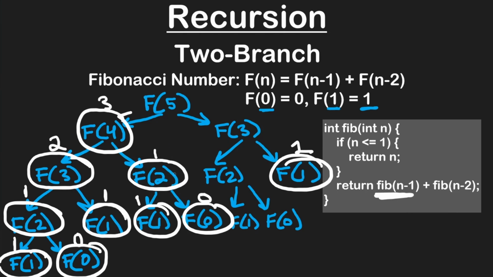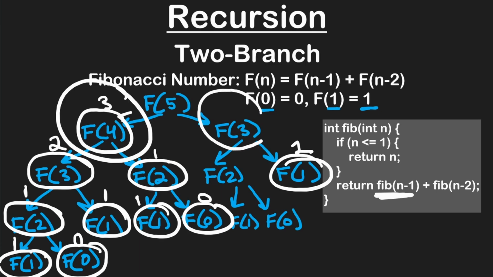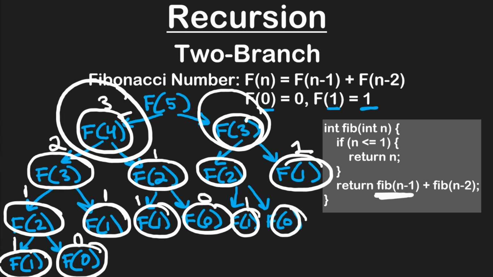Now, at this point, you're probably starting to get the idea. So finally, to get our original result, which is the fifth Fibonacci number, we needed to compute the fourth Fibonacci number. We did that. We have 3. And now we need to compute the third Fibonacci number. And to do that, we need to get the second and the first Fibonacci number. And to get the second Fibonacci number, we need to get the first and the 0th, which are going to be 1 and 0.